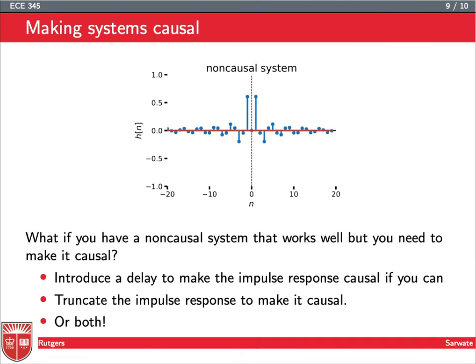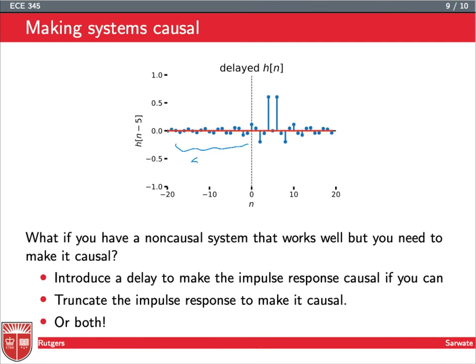So let's take a look at this. We delayed a little bit, and now we can see all this junk over here is kind of small, right? And if it's small, we can truncate it. That is, we can make all this stuff equal to 0, and that will make the overall system causal. So you get something that looks like this, and this is a causal approximation to h of n.